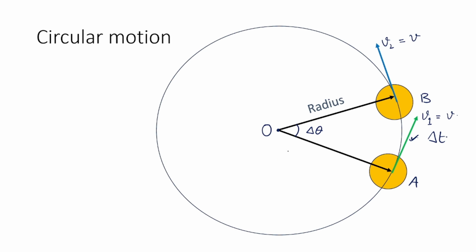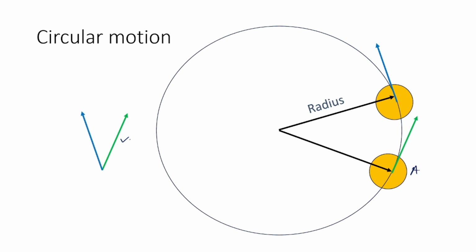Now if we draw these two vectors, v1 and v2, we will get a diagram something like this. Here is the green vector, which is parallel to the vector at point A, and this one is the blue vector, which is parallel to the vector at point B.